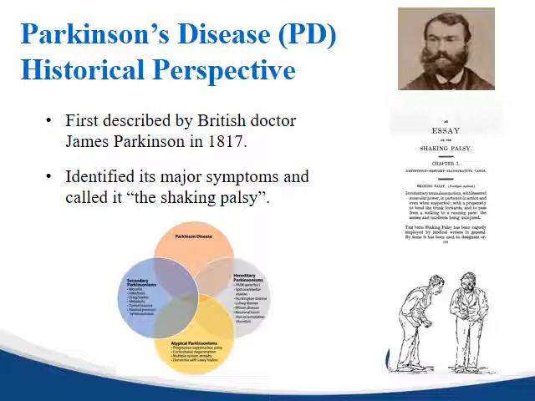Many years later, the neurology field identified similar patients to what Dr. James Parkinson observed. So they started to call this disease Parkinson's disease, especially after the pathology of the disease was recognized later on.